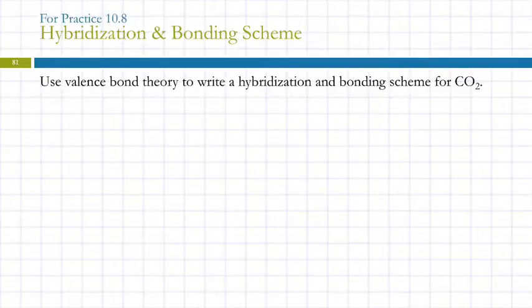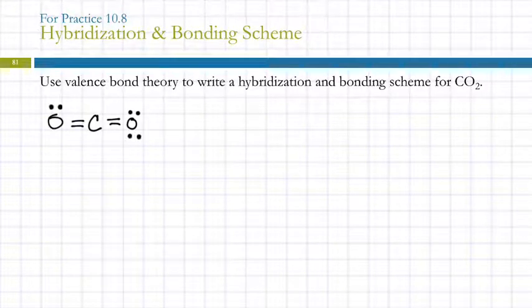Okay, now we're going to do CO2. So CO2 Lewis structure looks like that. We'll draw the atomic orbitals.